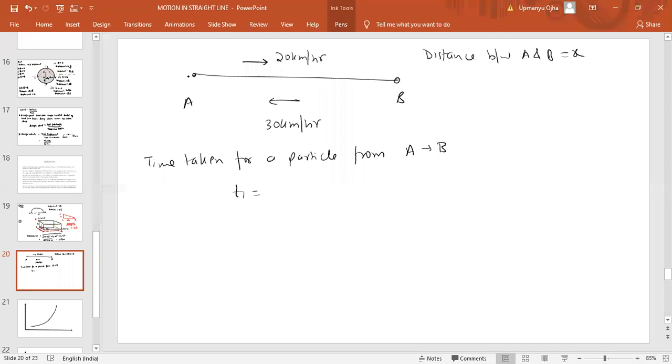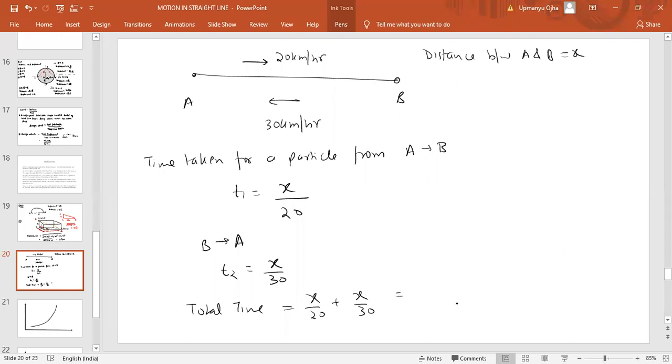So distance traveled from A to B is x, speed is 20 km per hour. Now the time taken to travel from B to A is t2. That would be x by 30. So what is the total time taken? Total time taken will be equal to x by 20 plus x by 30.